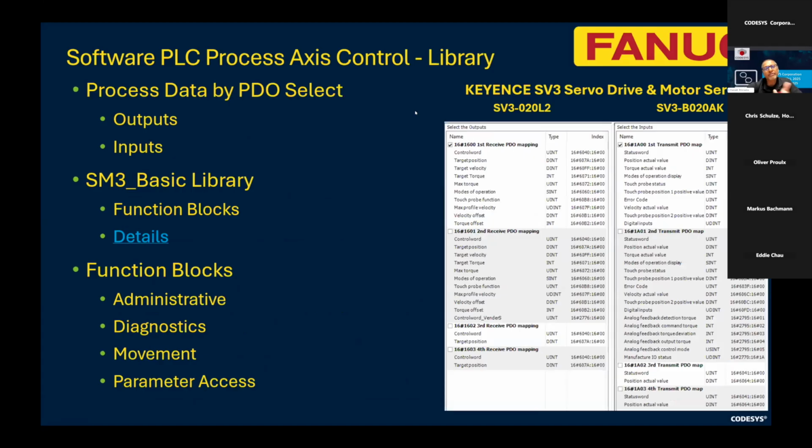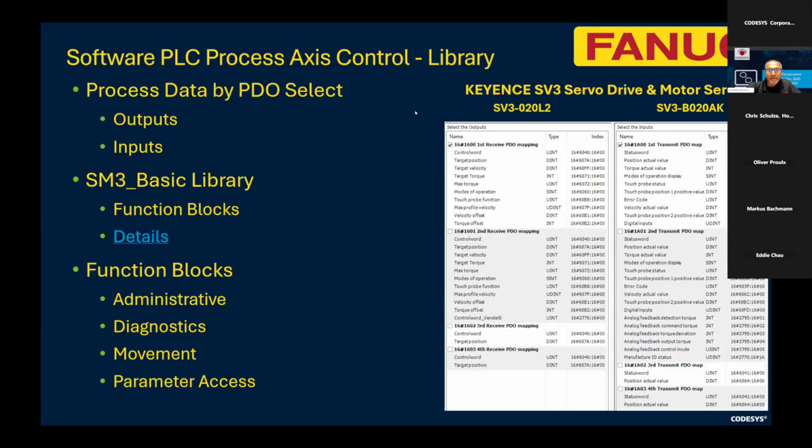The process access control requires selection of process data. Here you can see the variety of PDO mapping that is available on the Keyence SV3 servo drive. Both the outputs and inputs must be selected for use.